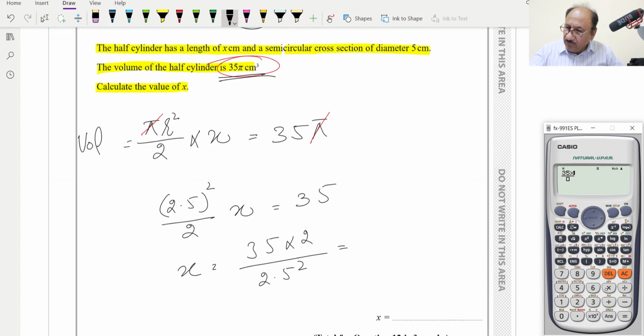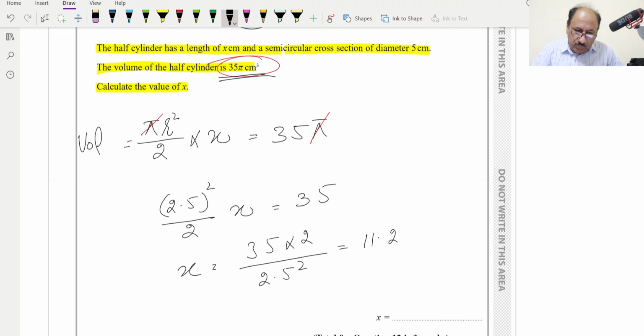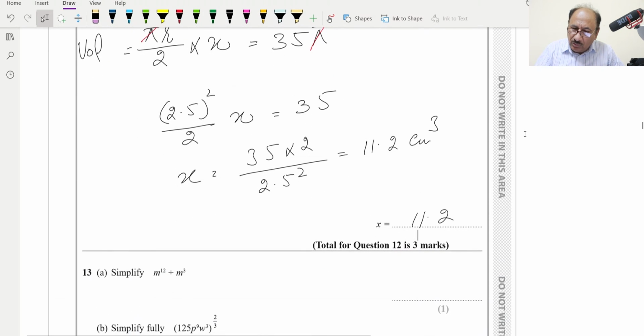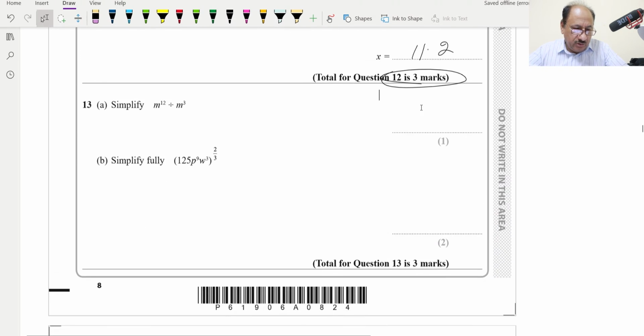So 35 multiplied by 2 and divided by 2.5 squared basically is equal to 11.2. This will be volume, so centimeter cubed. So 11.2 units are not mentioned with the answer, so you will have to write down the units also, then you will get 3 marks, otherwise there will be issue.